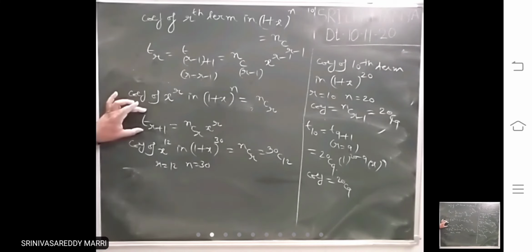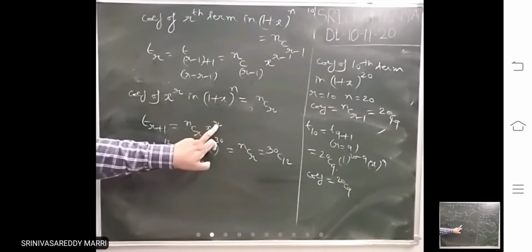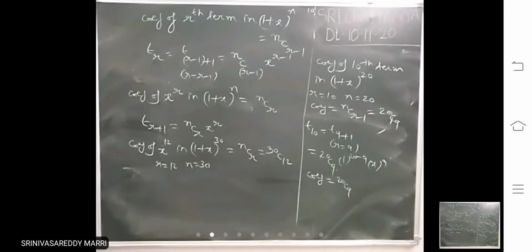Or you can write the general term, equate x power r to 12, then substitute. Directly you make use of this rule. In some other expansion you write the general term and find out, but in this expansion directly make use of the rule. So the coefficient of the rth term is nC(r-1) and the coefficient of x power r is nothing but nCr.